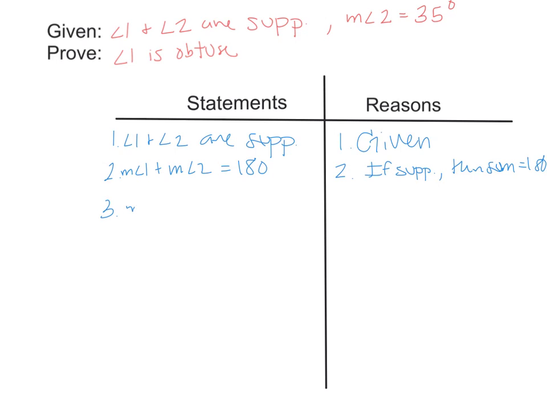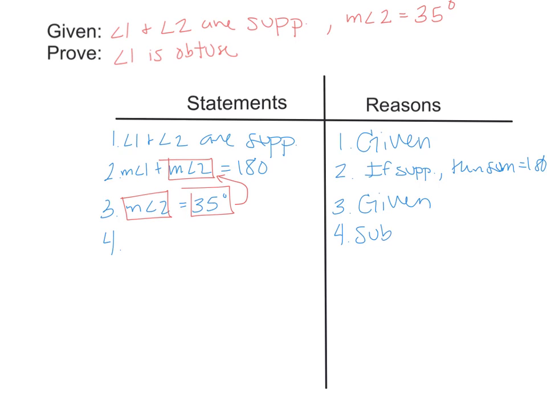My next one is the measure of angle 2 equals 35 degrees, which is my given. Now I see measure of angle 2. Well, I'll do it in red here. So I see all 3 of those are equaling the same thing. So I'm going to replace, and remember my replacing, think about what replaces me as a teacher, and it is substitute.